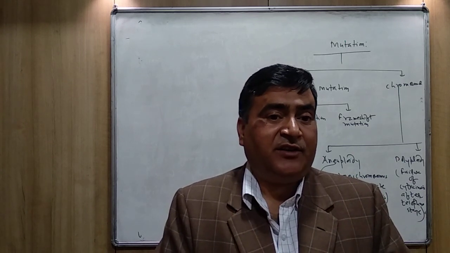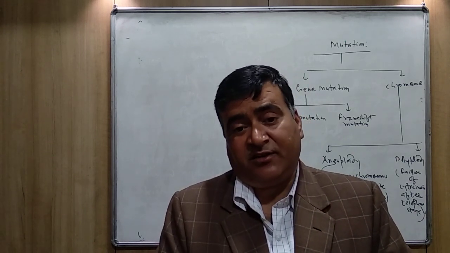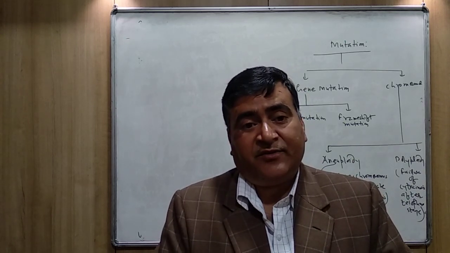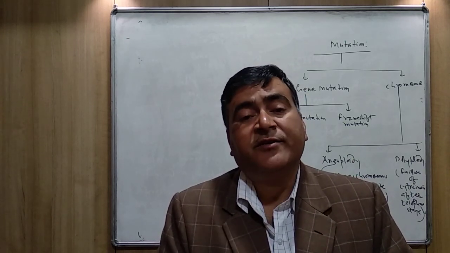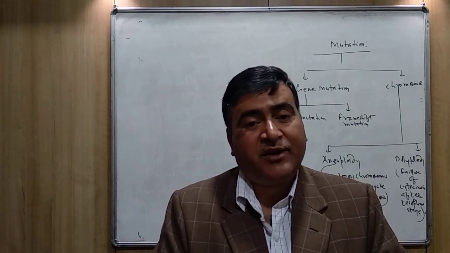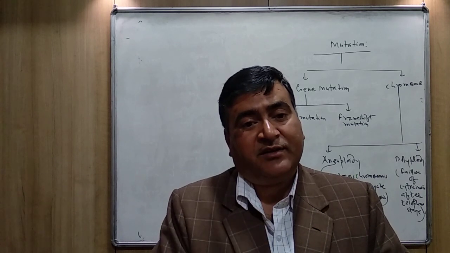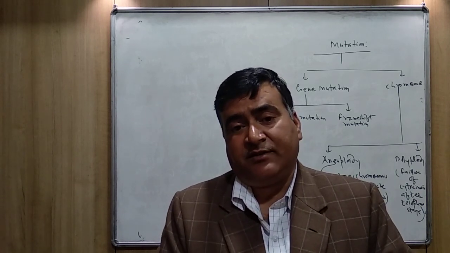Maybe the gene which is responsible for these 5 fingers may be mutated, and because of the change in that particular gene, in place of 5, there are 6 fingers.